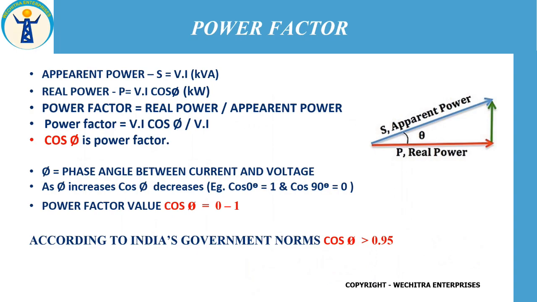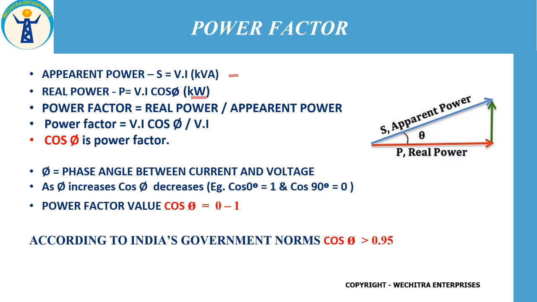Now again we'll summarize it. Apparent power equals VI. Real power is P equals VI cos phi, which is in kilowatt. Power factor equals real power by apparent power.